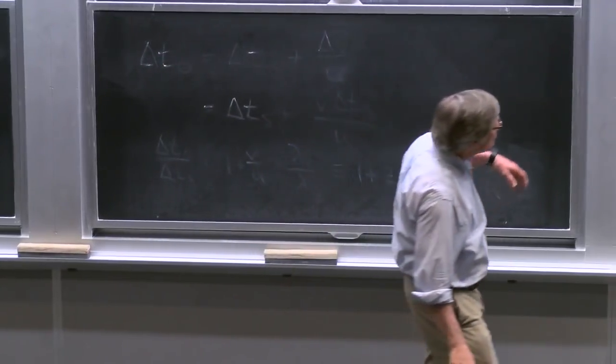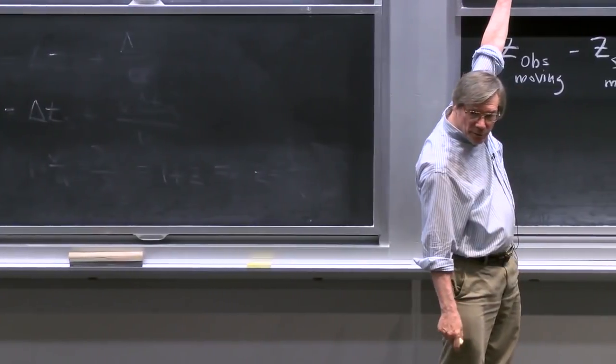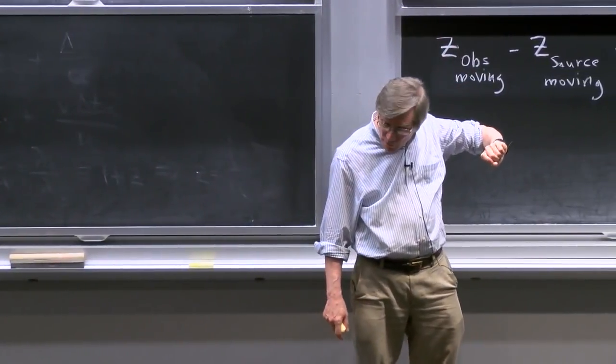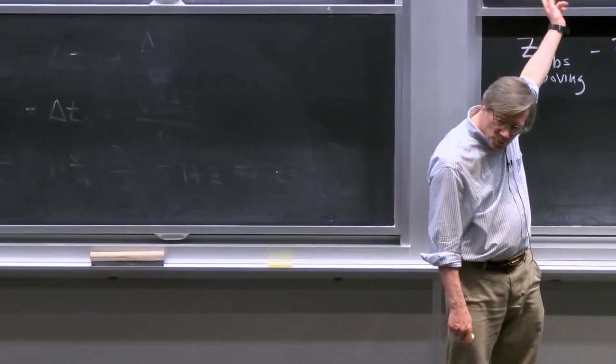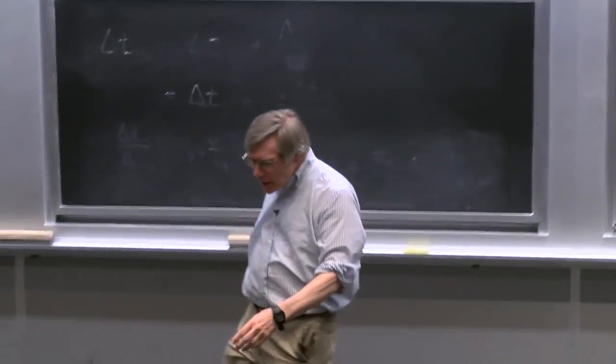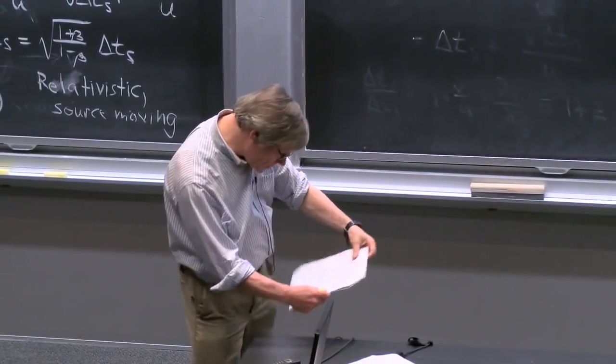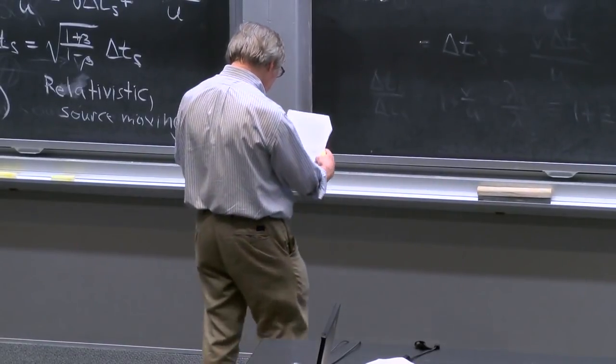Okay, this time the calculation that we're mimicking is the calculation up here. This was the calculation we had for the non-relativistic case when the observer was moving. Now we want to put in the time dilation that would correct that calculation.